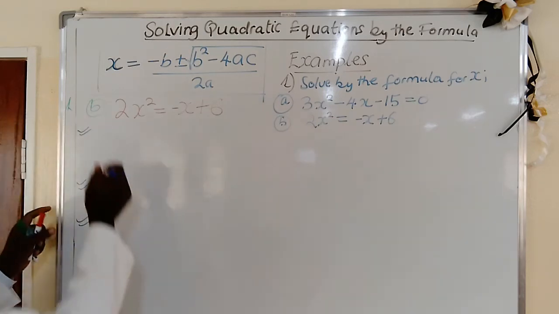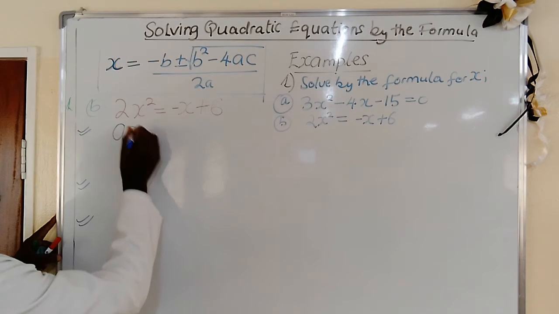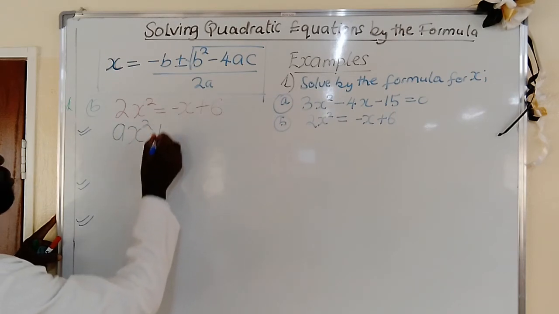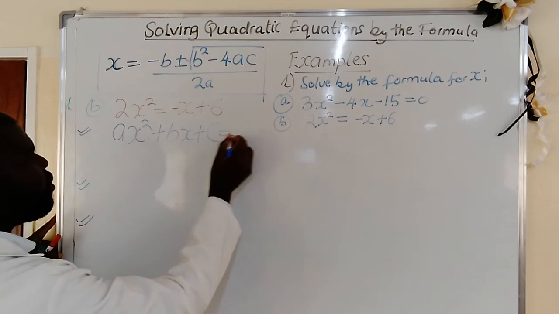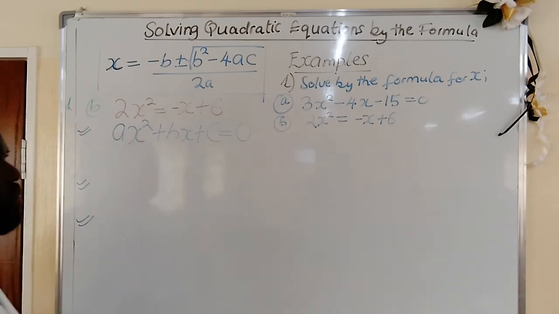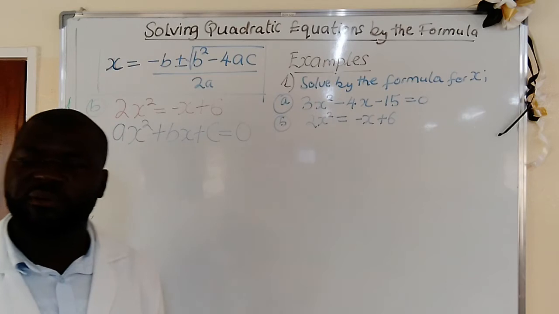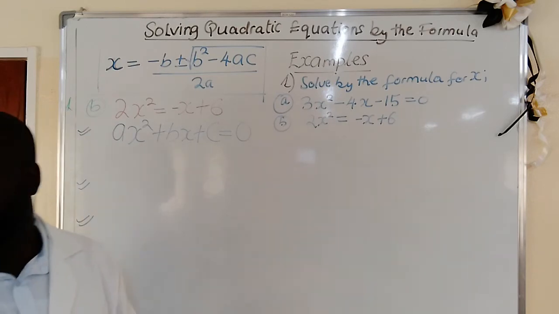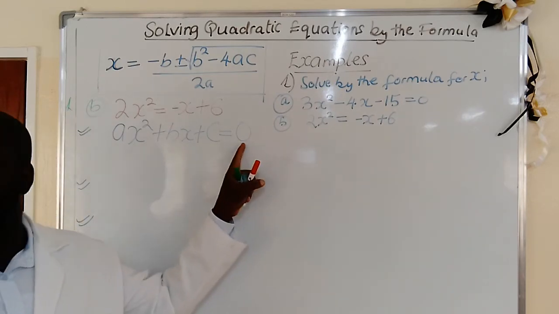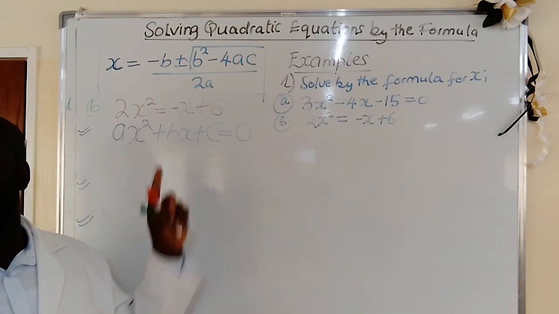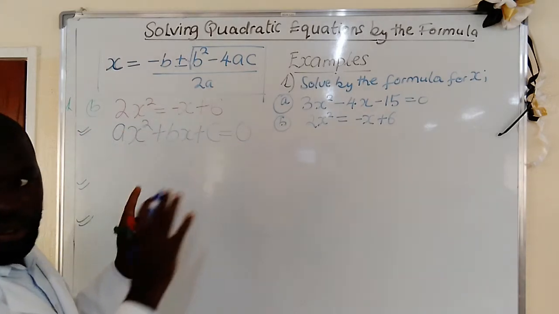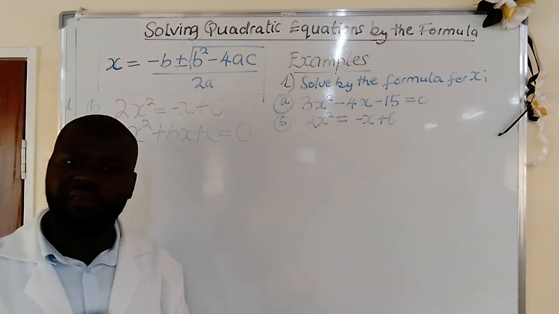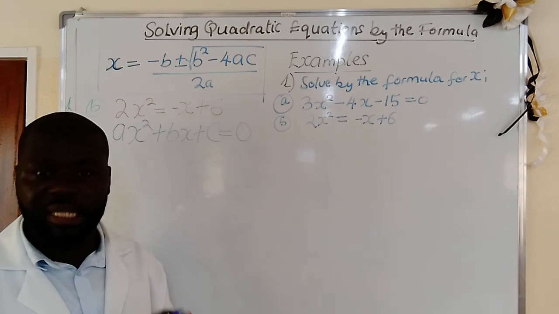We know the original form is ax^2 plus bx plus c is equal to 0. So we are only allowed to get the values of a, b, and c when we have a 0 on our right hand side. You can see we don't have a 0 anywhere, so we don't find the values of a, b, and c.